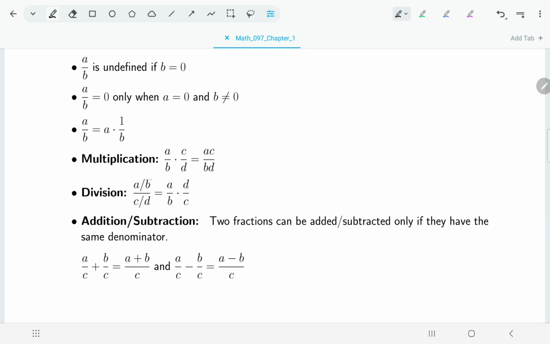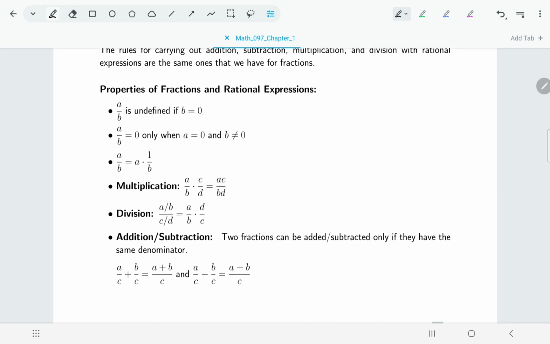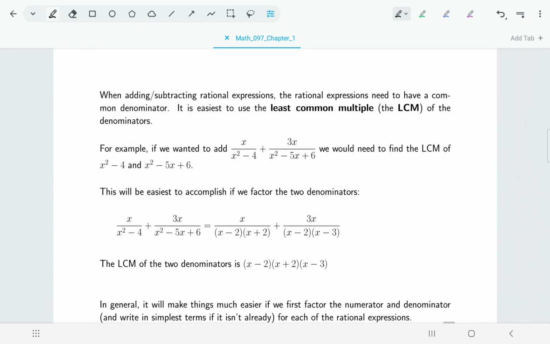Or if you had one fraction divided by another, you would flip and multiply, and we'd do the same thing with rational expressions. Or if you were adding up two fractions, you'd need to make the same denominator first, then add the tops or subtract the tops, depending on whether you were adding or subtracting. So really, there's nothing surprisingly new here. It's going to involve a little bit of factoring first. So let's just do some examples.